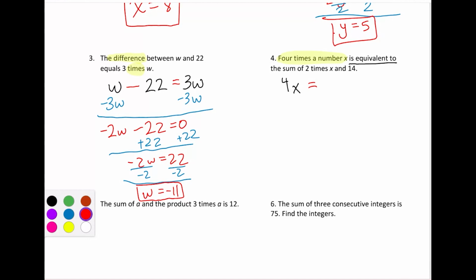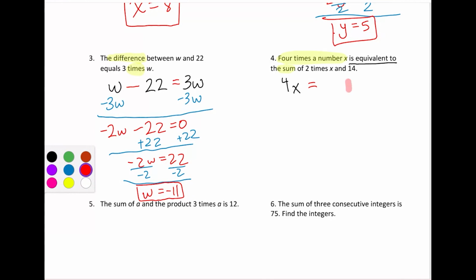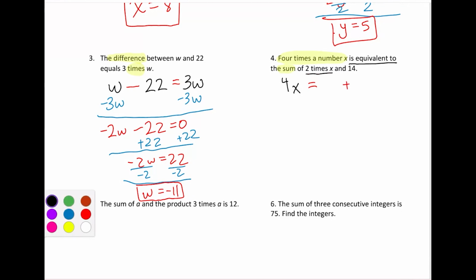The sum of, okay, so we see that word sum again. That means we're going to have an addition. We're going to add two things together. So I'm going to just leave a little space there and write that plus because I know that we're going to add two things together. The sum of 2 times x, that's 2x, and 14. Once we've got it set up, we want to subtract 2x from both sides.